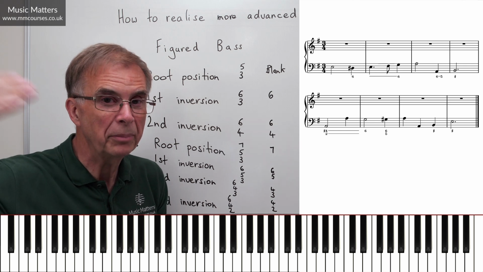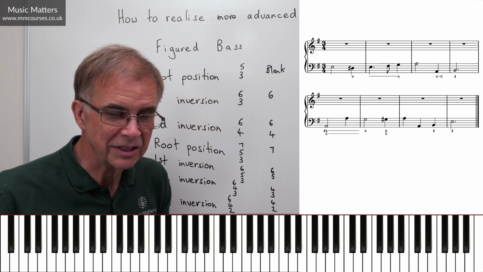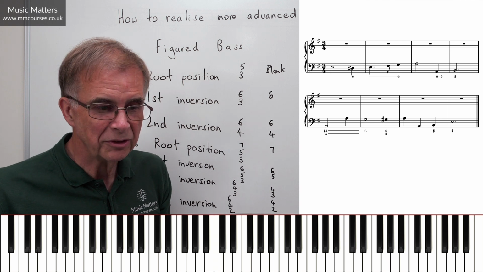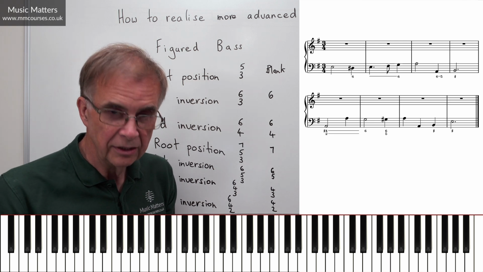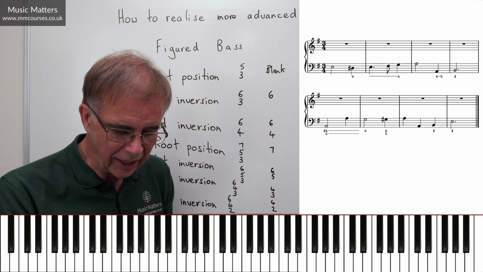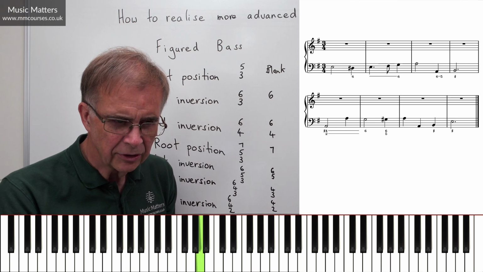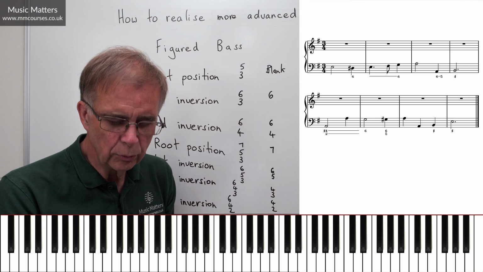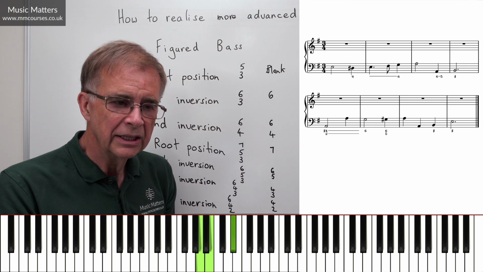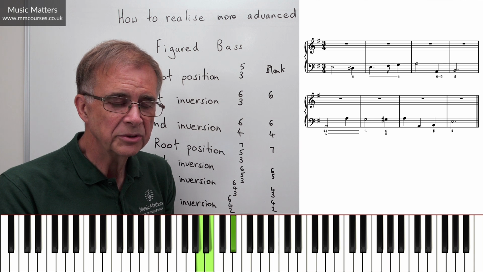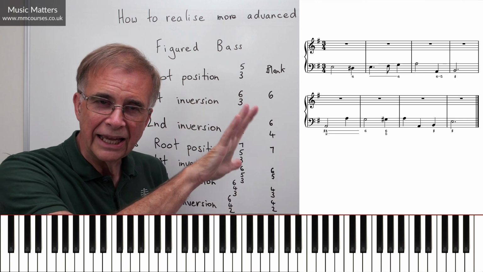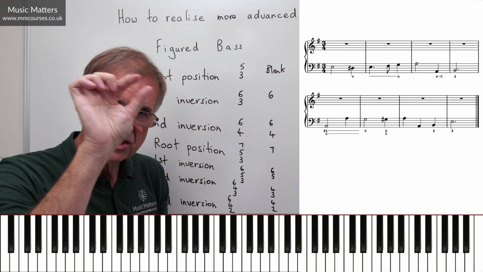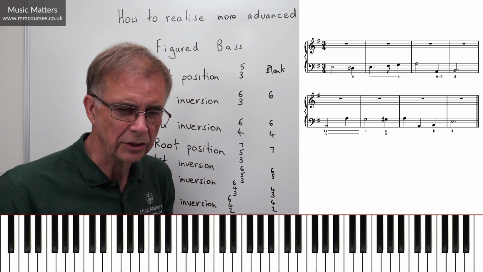When you come to the fourth above the bass note, sharpen it. In this case, raise it a semitone. So I've got A in the bass, and I've got 4 is the D, 2 is the B, but I want that D to be sharp. So it's going to be a D sharp. So you see, if you have an accidental next to a number, it's telling you about that particular note.